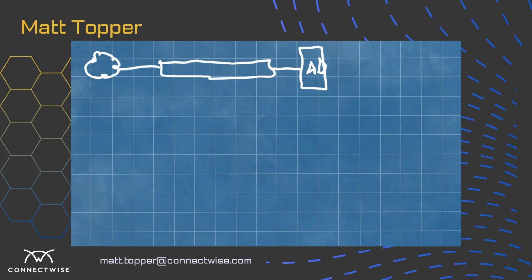Doesn't matter. All that matters is it's something here providing authentication. And then you have our access point, right, with the requisite little wavy Wi-Fi lines. Missed my calling as an artist, obviously.